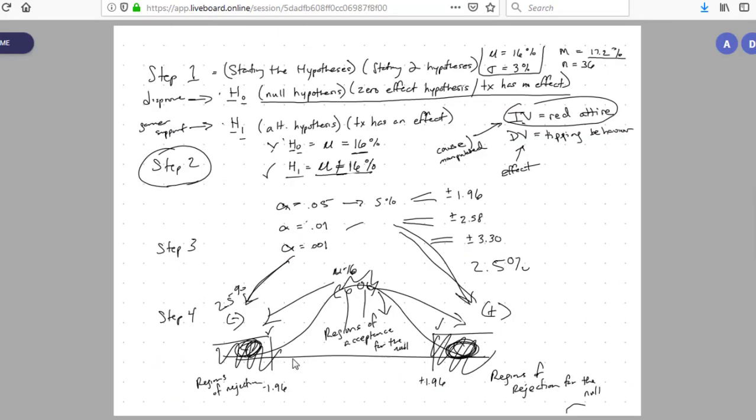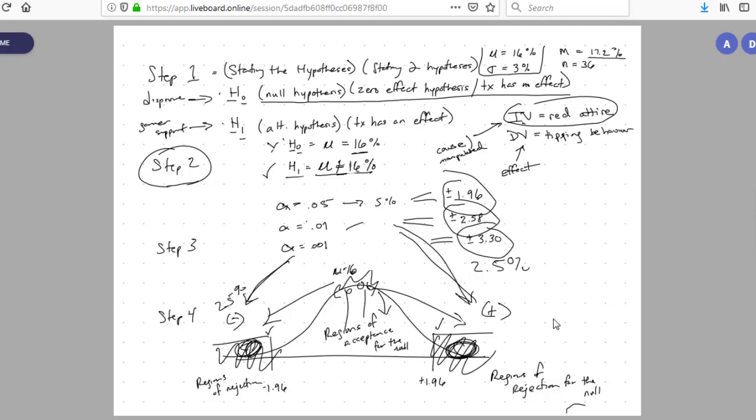So essentially, going back to our whiteboards, when we obtain z-scores that exceed these critical region boundary markers, we will reject the null hypothesis. It's important that my wording is correct. When I talk about exceeding these critical region boundary markers, I'm talking about the absolute value.